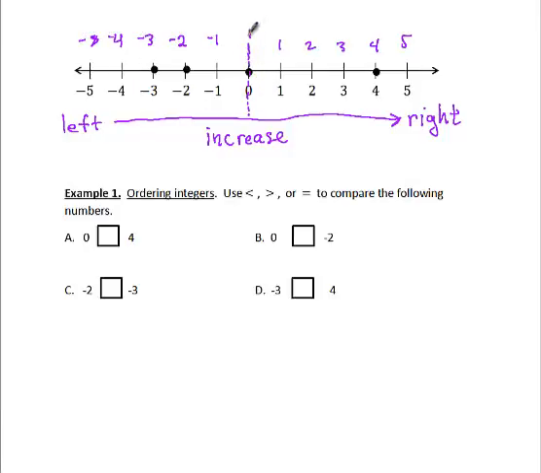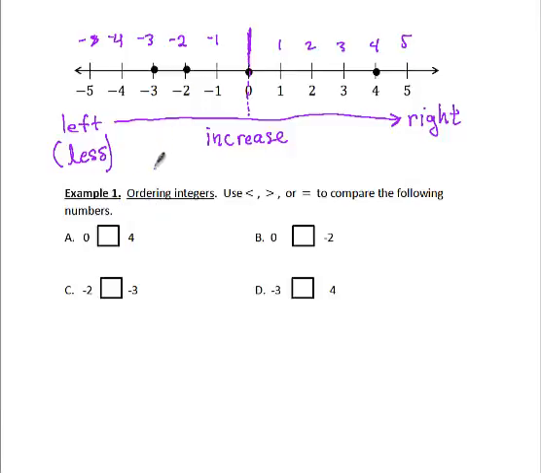So starting with 0, and that's not 1, this is just our center line. Starting with 0, we go left and right. In terms of the numbers, we start with 1, 2, 3, 4, and count outward. And the numbers on the left have negatives placed in front of them. Okay, so in other words, negative numbers are always to the left of positive numbers on the number line. And so you could say left is always less. If you have two numbers on the number line, the one to the left is always the smaller number.